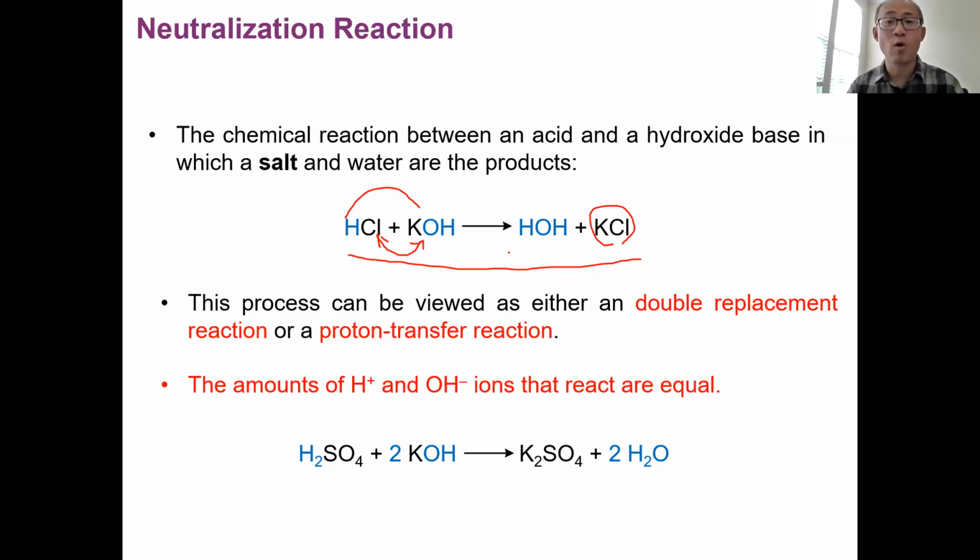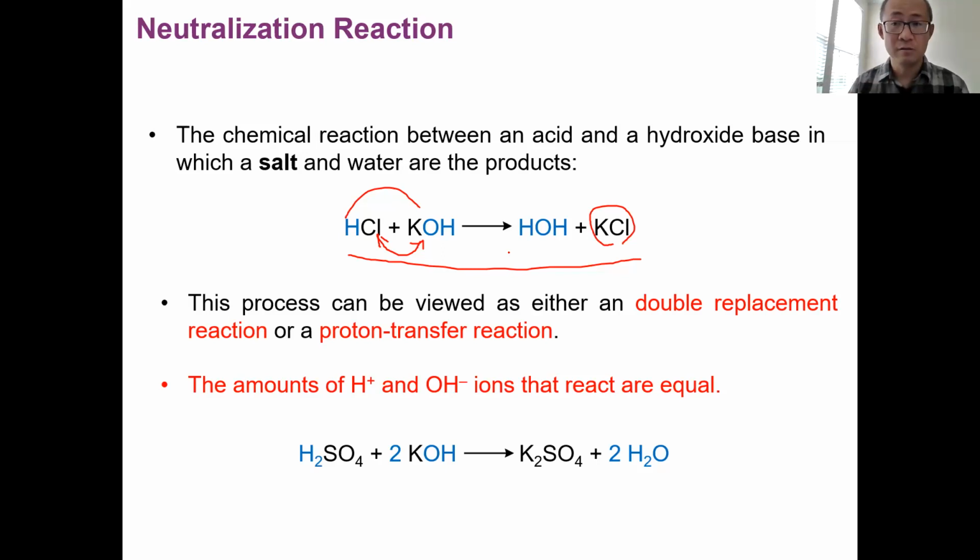H and OH become water, K and Cl become KCl, an ionic compound. We call that a salt. We'll talk more about the salt later. Another way of understanding this reaction is that the acid donates a proton to the base to give water. What's left behind are the Cl minus from the acid and K plus from the base, giving you KCl. There are two ways of understanding this reaction.